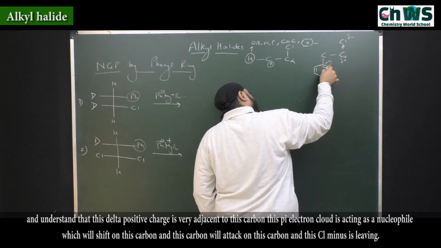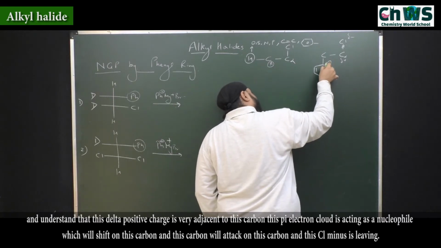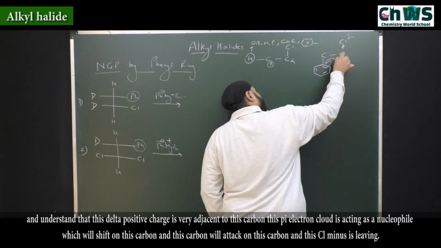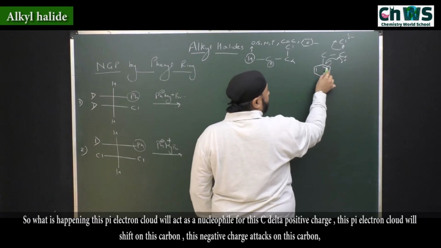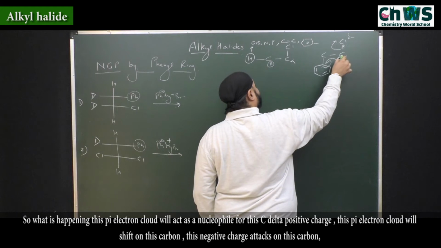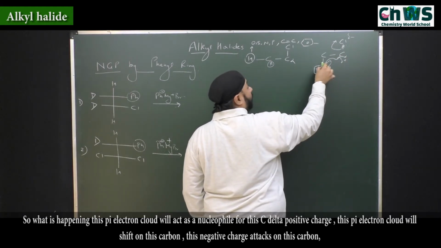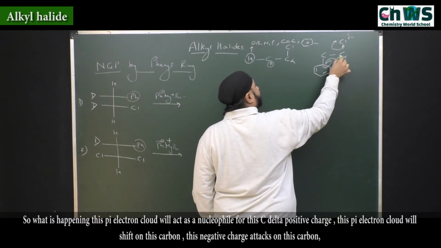This pi electron cloud is acting as a nucleophile which will shift on this carbon, and this carbon will attack on this carbon, and the Cl minus is leaving. So what is happening? This pi electron cloud will act as a nucleophile for this C delta positive charge. This pi electron cloud will shift on this carbon and attack this carbon.